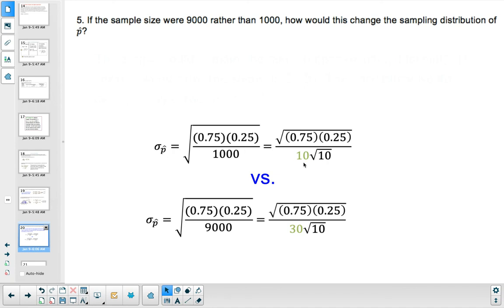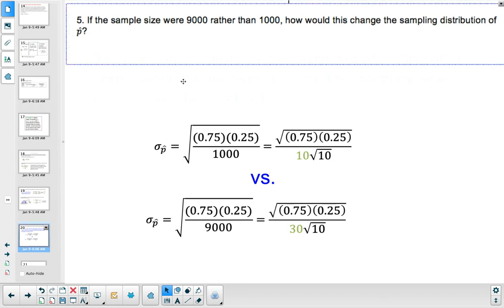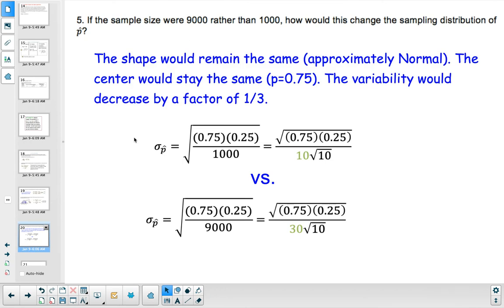Now, you could look at that theoretically and calculate the standard deviation and see that your standard deviation is going to be smaller. See how that denominator is bigger? Your denominator is 3 times as big, so your standard deviation is a third of what it once was. So, here's a sentence. The shape would remain the same. It's still approximately normal.